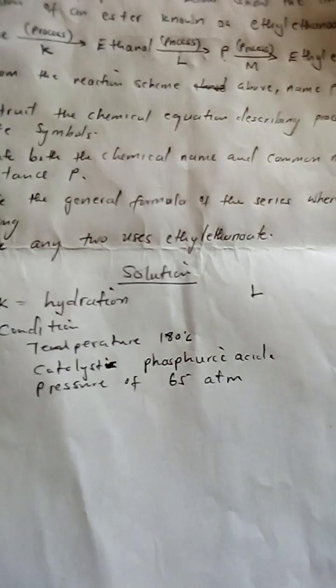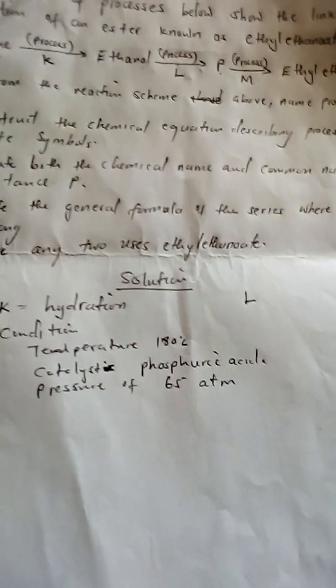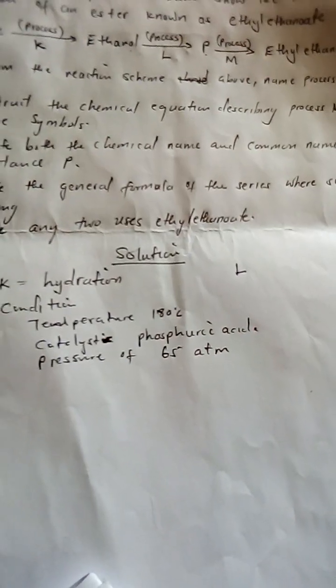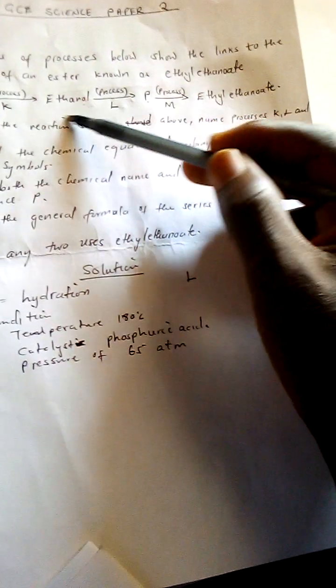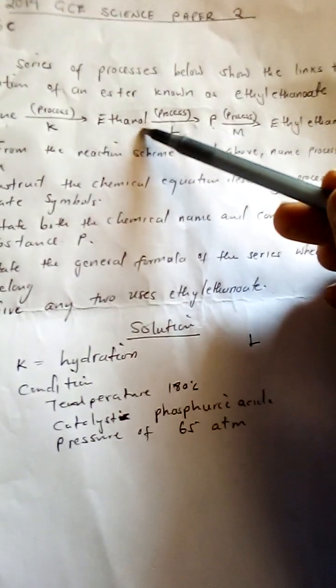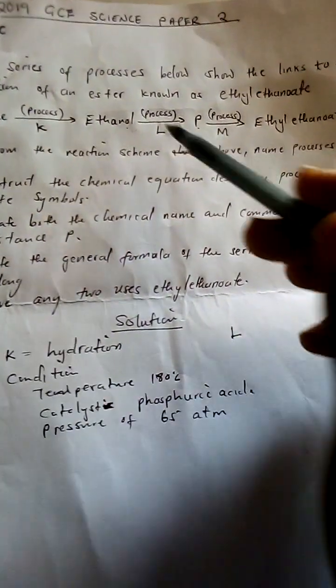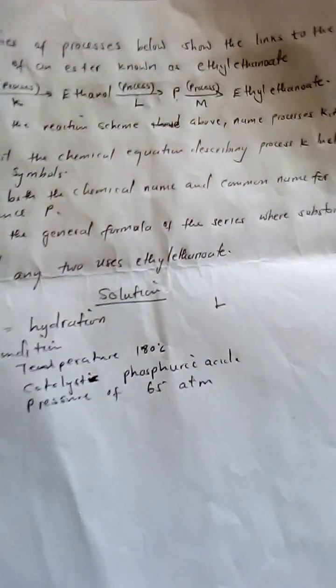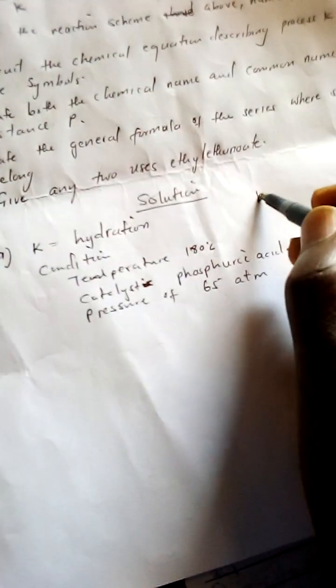When oxygen reacts with that alcohol, what will be produced is an organic acid, and that organic acid depends on the reactants which are there. In this case, we've got ethanol as our reactant. So when we add oxygen to this alcohol, what we are going to produce is ethanoic acid.